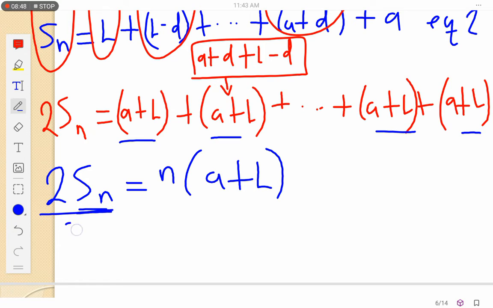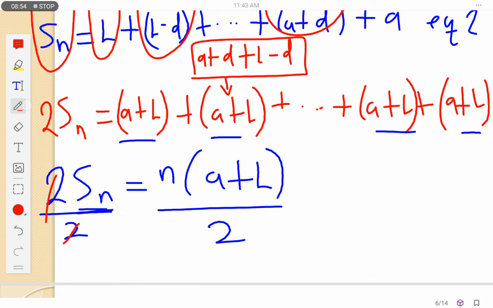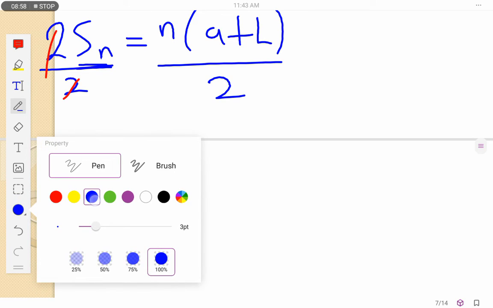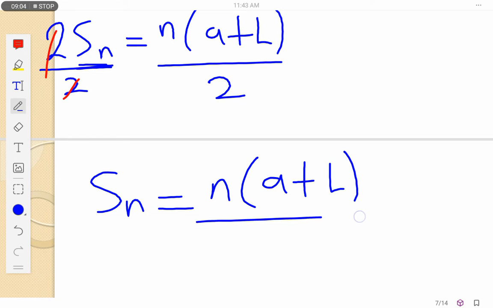On the left side, this will cancel off each other, and we will remain with Sn is equals to n(a plus L) over 2. Okay, so this is the derivation of the first formula, where we have our L as known.